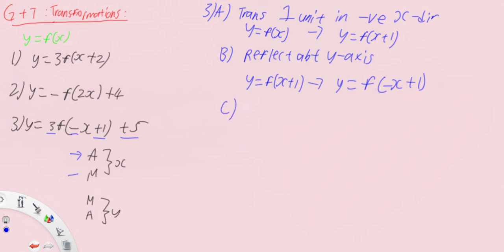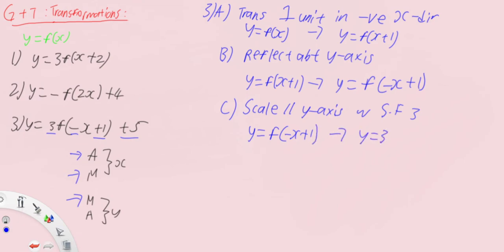Now we move on to our scaling for our y. We notice it's a scale of 3, our y value times 3, so it's a scale parallel to the y-axis with scale factor 3. Again, y over 3, so 1 over 1 over 3, scale factor 3. y equals f(-x + 1) becomes y equals 3f(-x + 1).